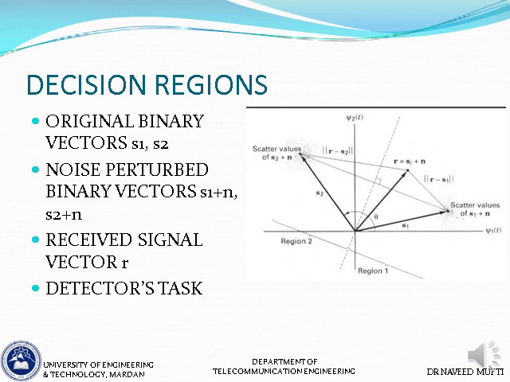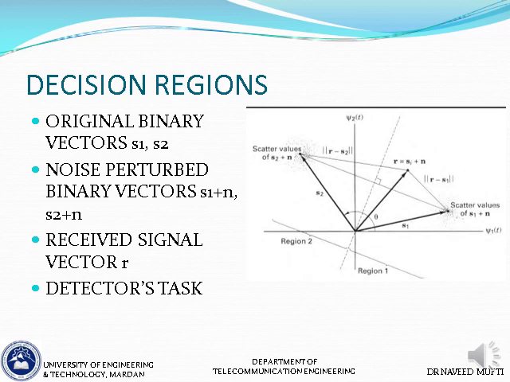Once you have the decision regions, the decision rule for the detector is as follows: whenever the received signal R is located in region 1, it will choose signal S1, whereas when it is located in region 2, it will choose signal S2.